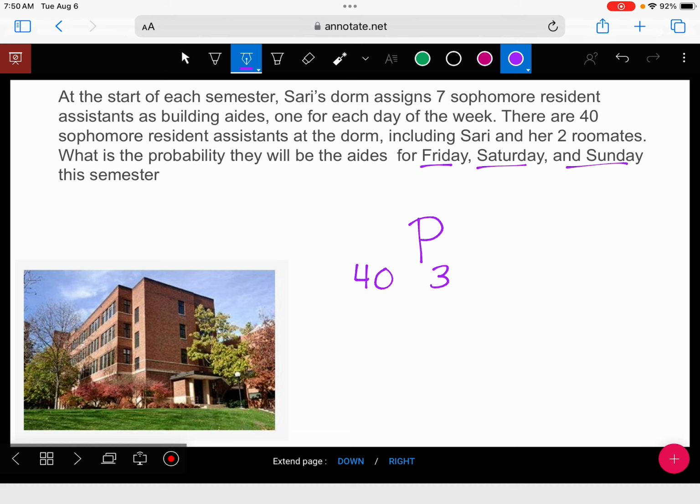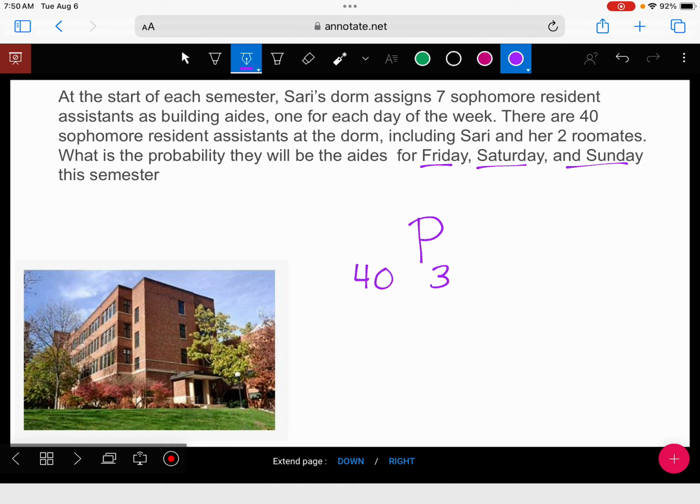So just because you see it as a number doesn't mean you have to use it. So the 7 sophomore resident assistant building aides is irrelevant information. It's technically just context. So there's sometimes numbers in the context that have no impact on the mathing part. So just because it has a number doesn't mean you have to use that number.